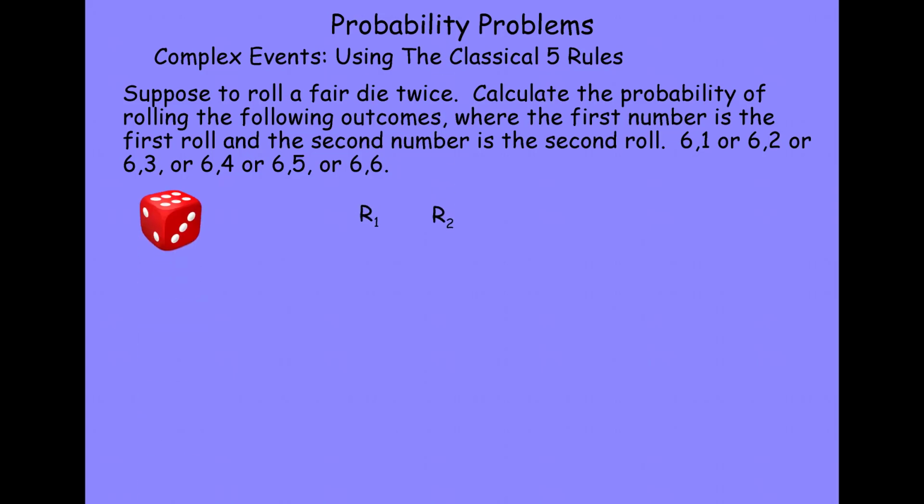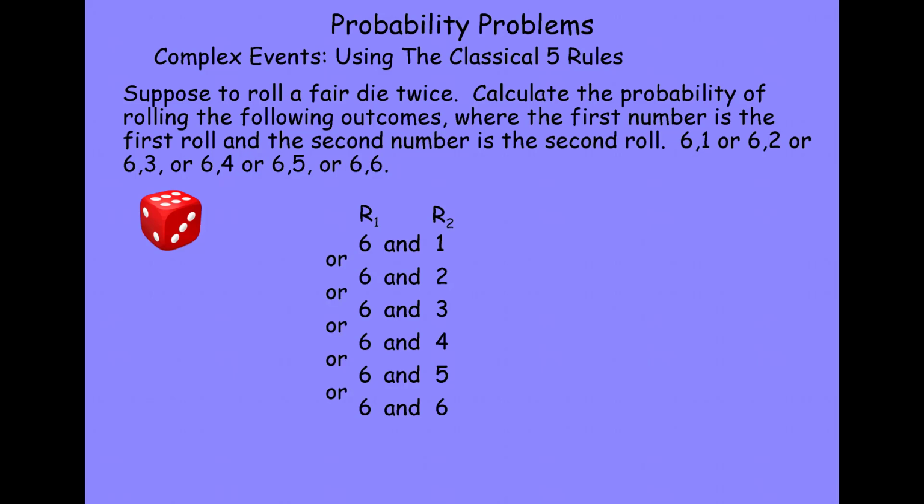So I've got those 2 rolls, and then I've got those 6 different possible conjuncts. And my probability for the event is going to be the disjunction of those 6 different conjuncts. So that's a lot of math.